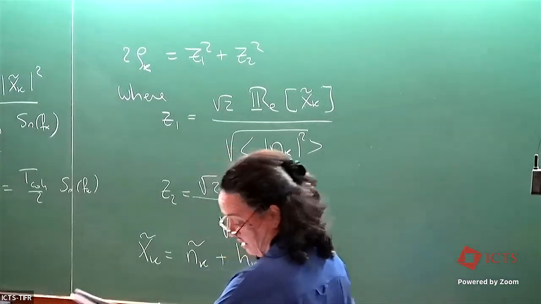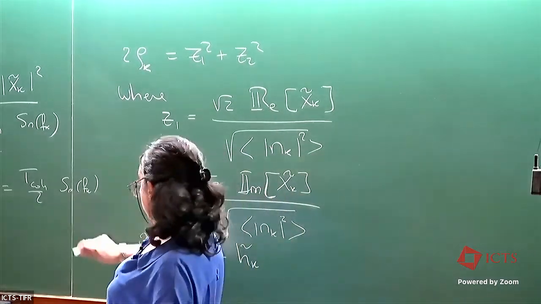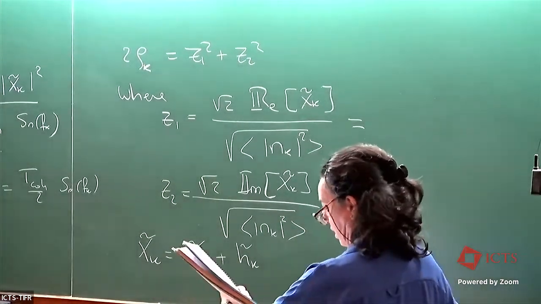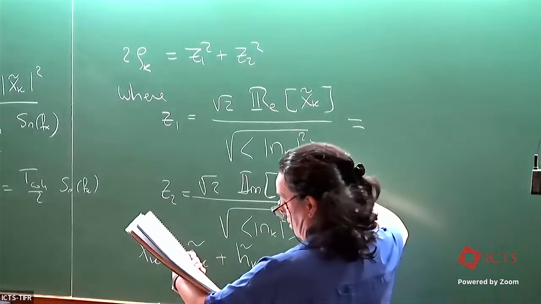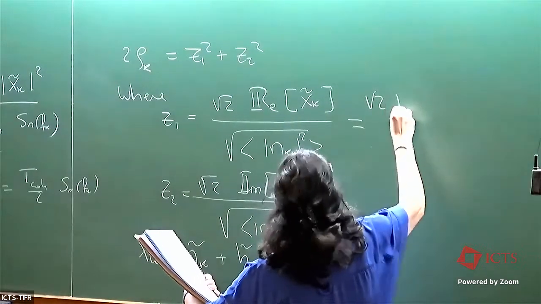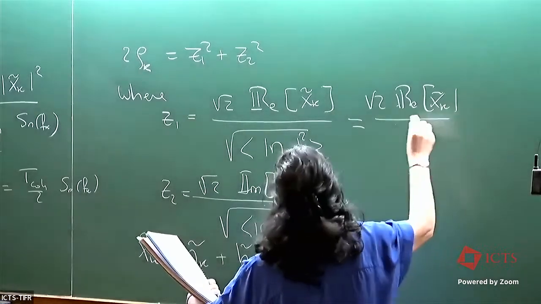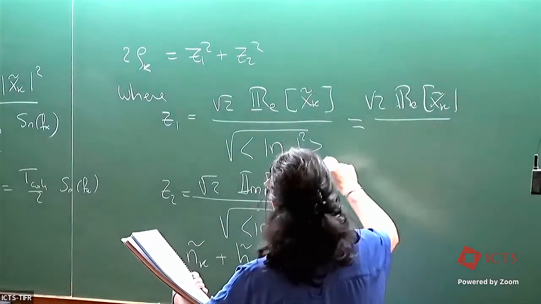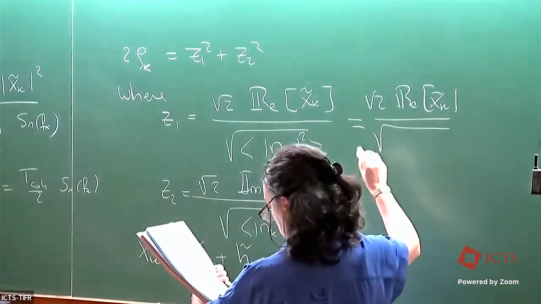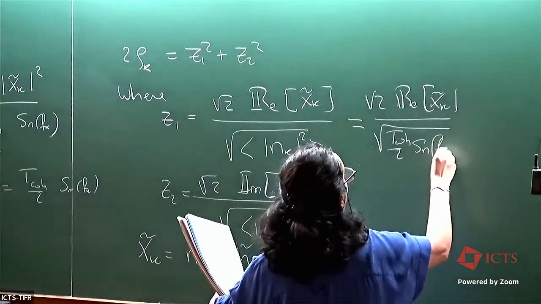So this Z1 and this Z2, if I substitute these approximations here, I could rewrite like the square root of 2, the real part of x, divided by the square root of T coherent over 2 Sn of Fk.